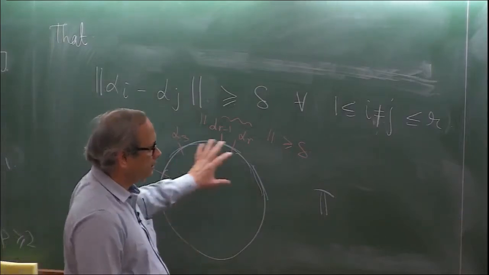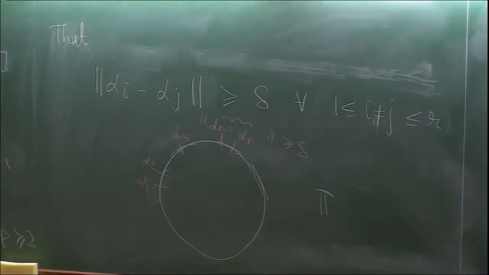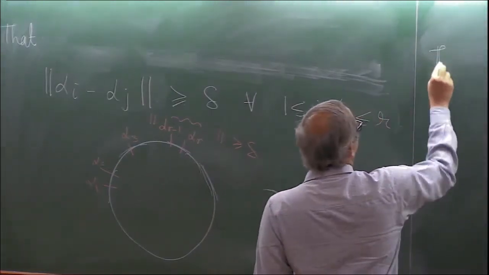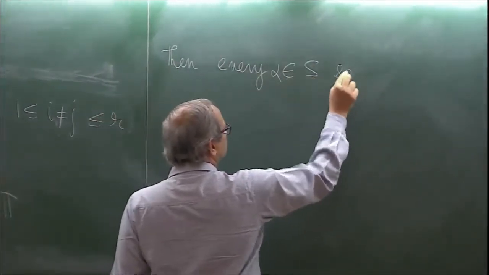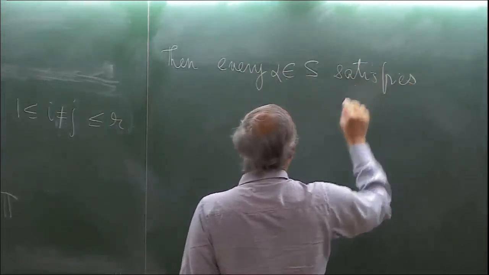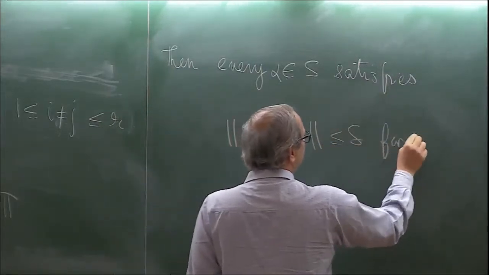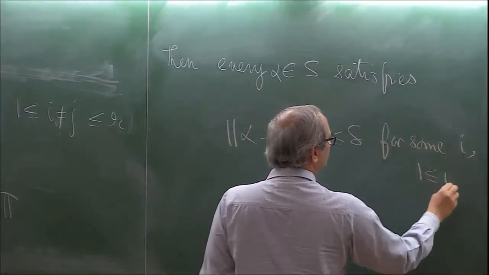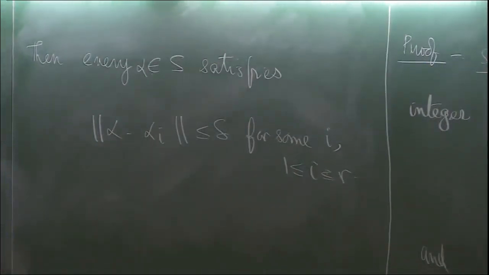So you take such a sequence, then it follows that every alpha in S satisfies alpha minus alpha i is less than or equal to delta for some i, because otherwise you would have an alpha which is away from all the alpha i's by more than delta, and you could include such an alpha in the sequence and increase its size.